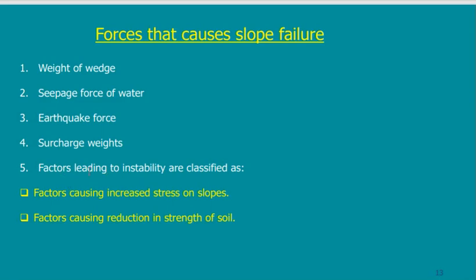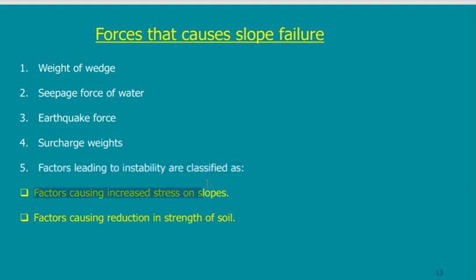Here we say factors leading to instability are classified as factors causing increased stress on the slope and factors causing reduction of strength of the soil.